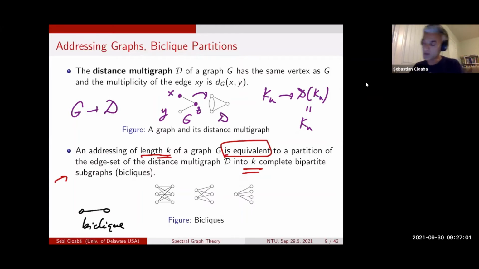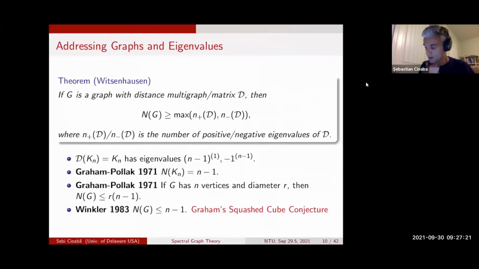So if I take any of these distance multigraphs, I can always partition it into bicliques. Of course, the question of partitioning into the smallest number is a different one, but you can always partition it. So you can always have an addressing of length K. So that's a construction. That's how you get upper bounds on this parameter n of G.